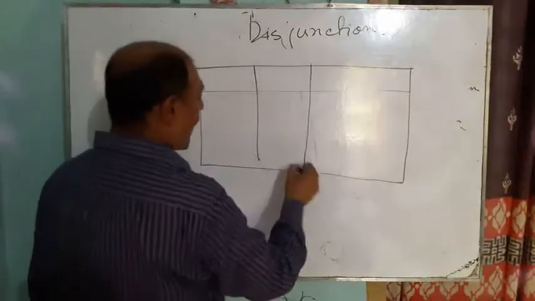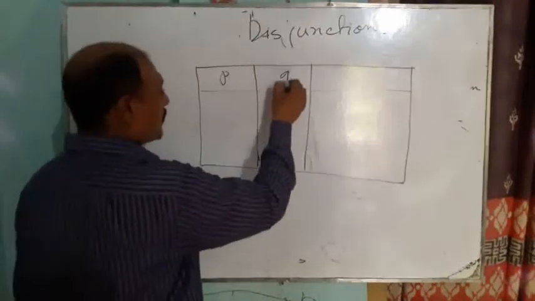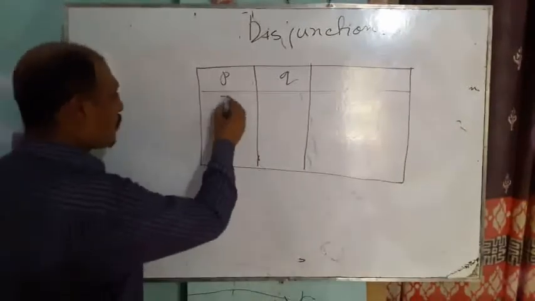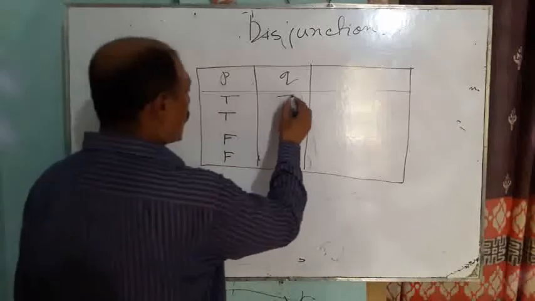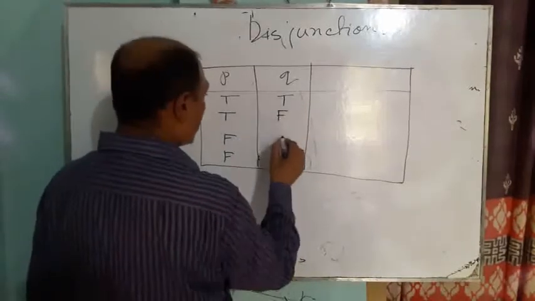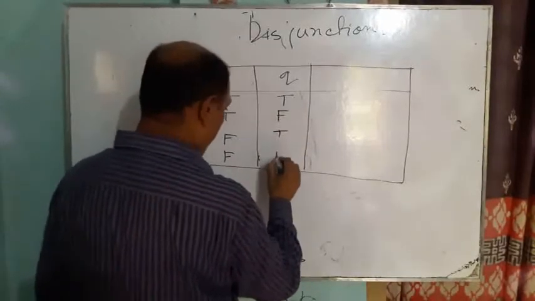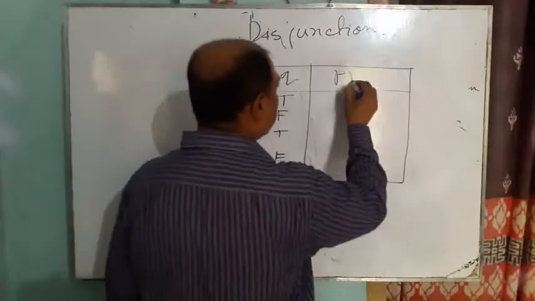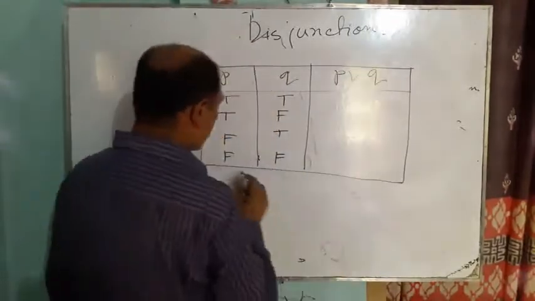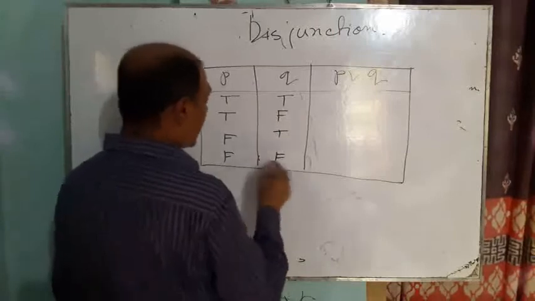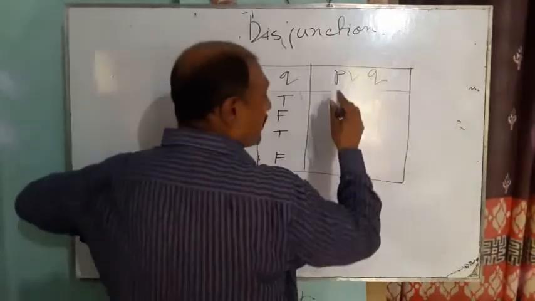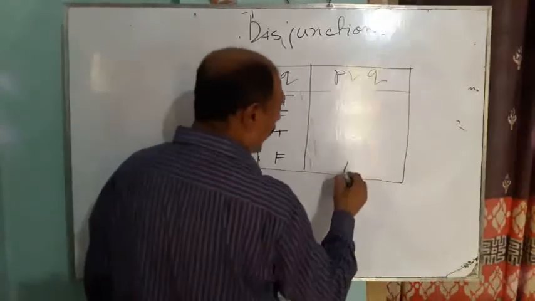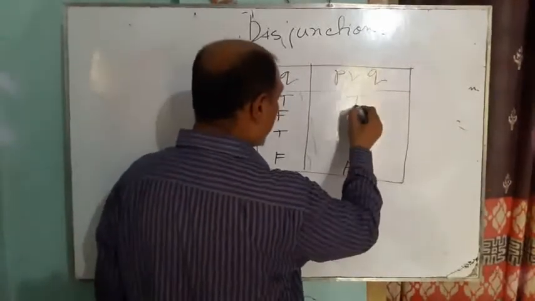P and Q be the propositions: true, true, false, false; true, false, true, false. P disjunction Q, when P and Q are false, then P disjunction Q is false, otherwise true.